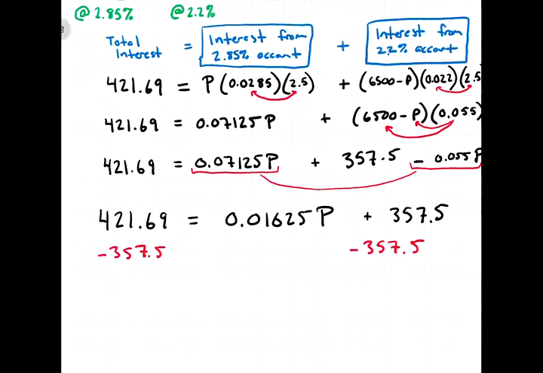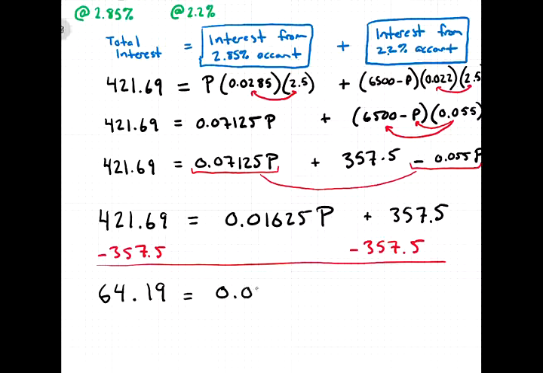That way, these will cancel. 421.69 minus 357.5, that should be 64.19. And that's equal to 0.01625 times p. And one more step to go.